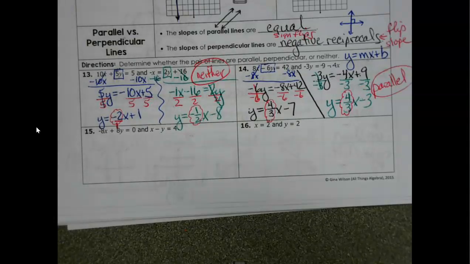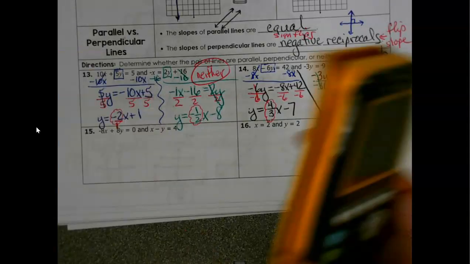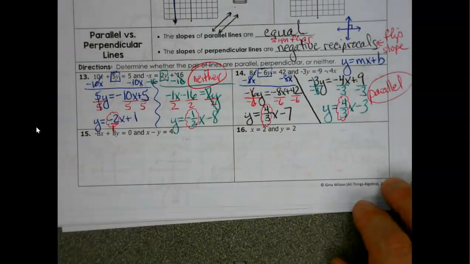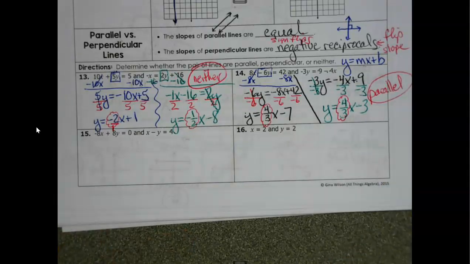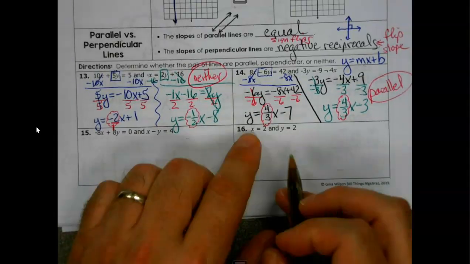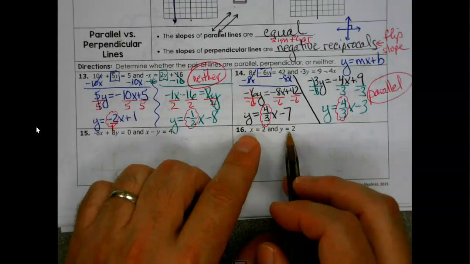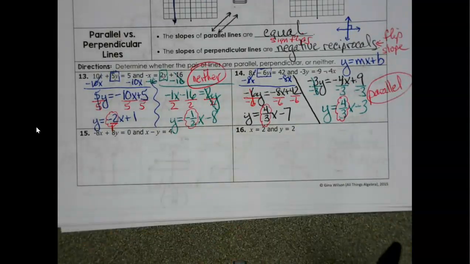I want to do one more of these because it's weird. We'll be playing up with some of the homework too. This is where I got to use what I have here. You're like, wait a minute, x equals 2 and y equals 2. That's kind of weird. I mean, what am I even supposed to do?